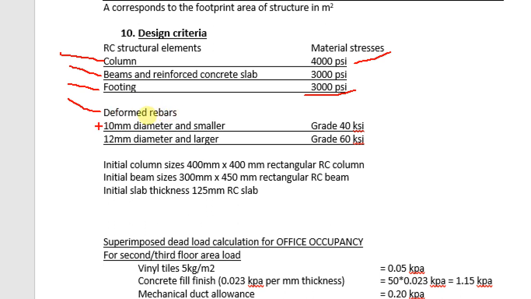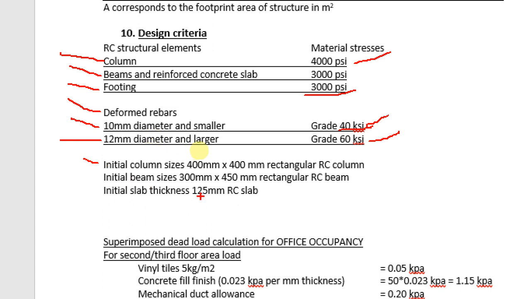So this is 40,000 PSI. Then 12 mm diameter and larger, grade 60 KSI. This is 60,000 PSI. Then for our initial columns, the size is 400 by 400.